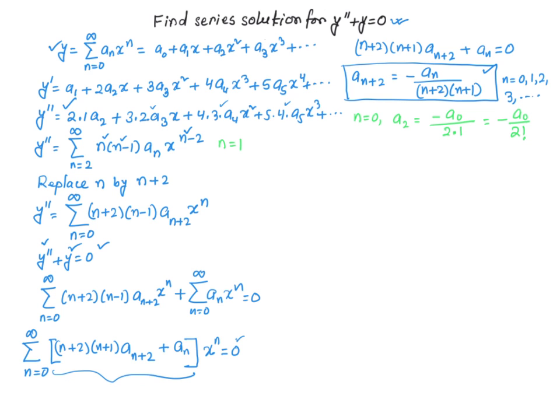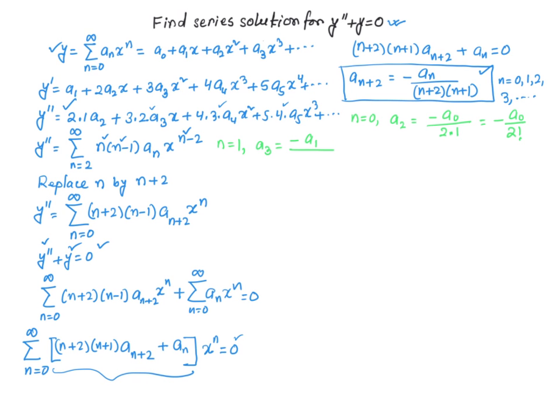A sub 3 is equal to negative a sub 1 divided by, remember, 1 plus 2 is 3, 1 plus 1 is 2, so 3 times 2, which is negative a1 over 3 factorial.